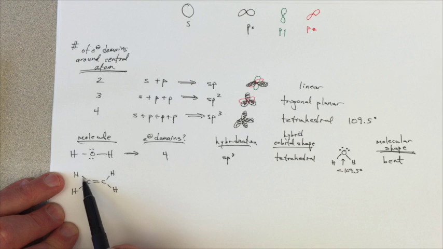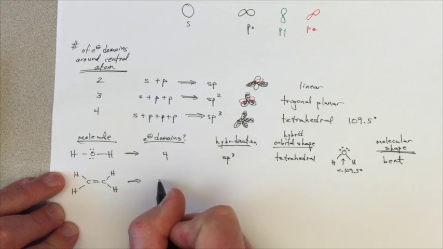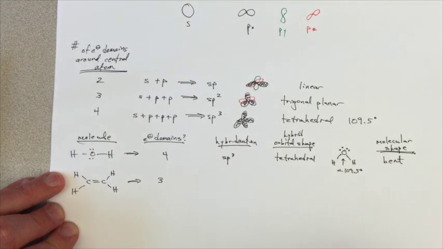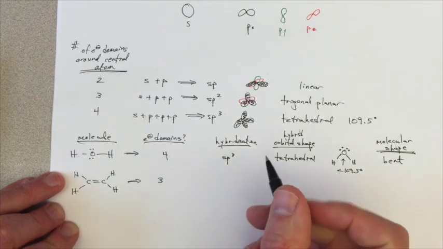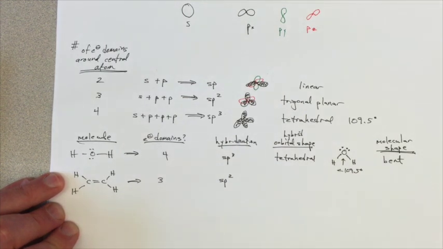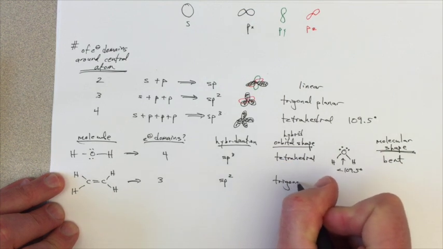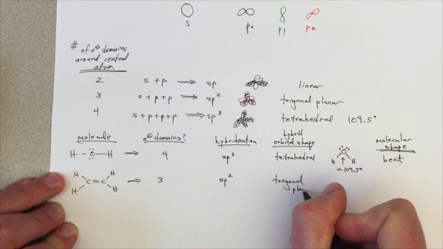So really we only have a total of 3 electron domains around this carbon, which house 8 electrons. So 3 electron domains, since the double bond counts as 1 domain. The hybridization, sp2. The hybrid orbital shape would be trigonal planar.